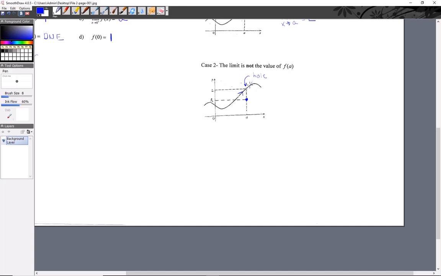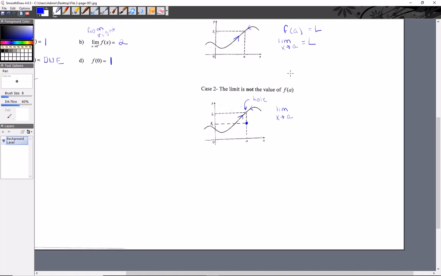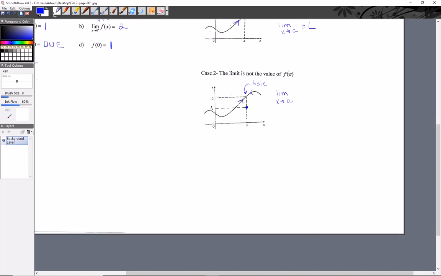As we go from left to right, we can say that the limit as x approaches a of this particular function is going to be L. However, if we want to just evaluate that function at a, then it's going to give us up to the point and over, and it'll be below the curve, and that's going to be R. Interesting.